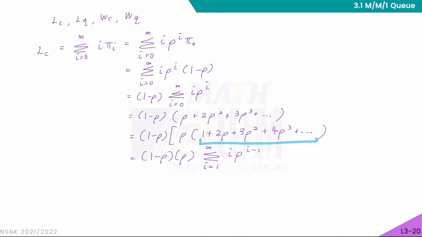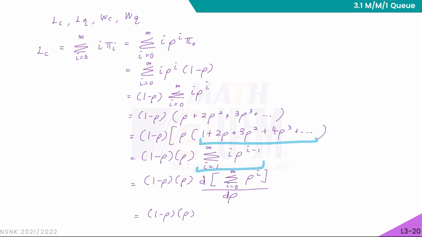This value is actually the derivative of the summation of I equals 0 until infinity of rho I with respect to rho. From there we can continue, using the sum of geometric series again: the summation of rho I equals 1 over 1 minus rho.